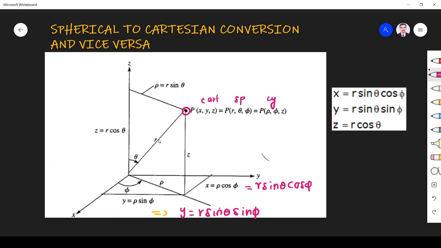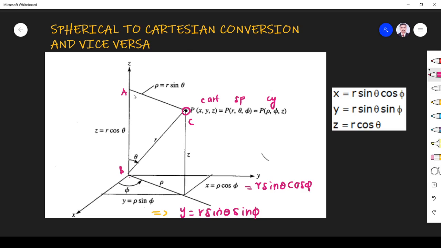From this diagram, you see this is theta. Let us take this triangle ABC. First I find the opposite side. This length is rho, because in a spherical coordinate system this is also the rho of the cylindrical coordinate system.